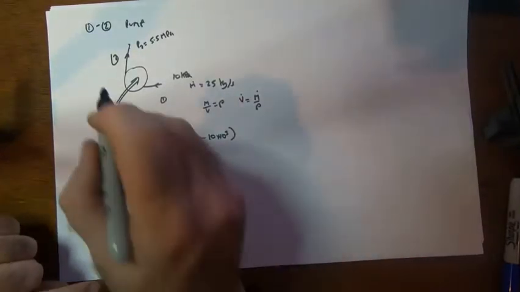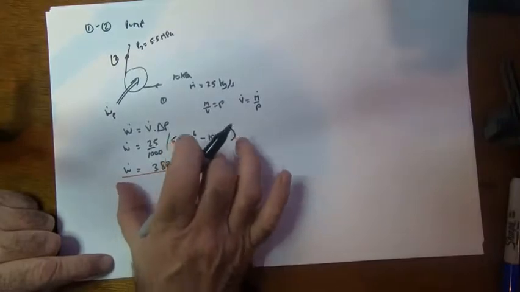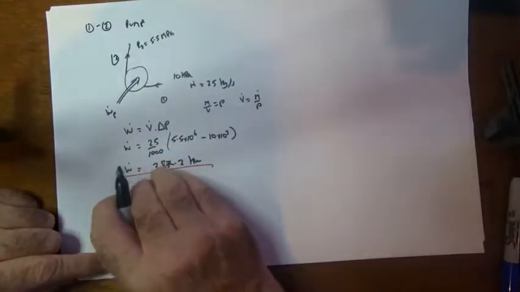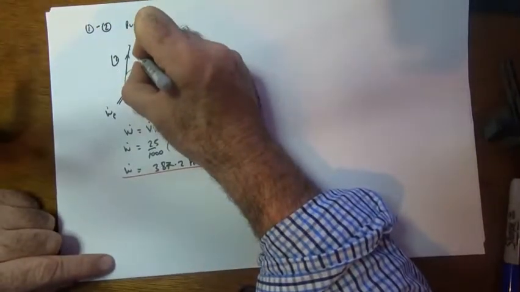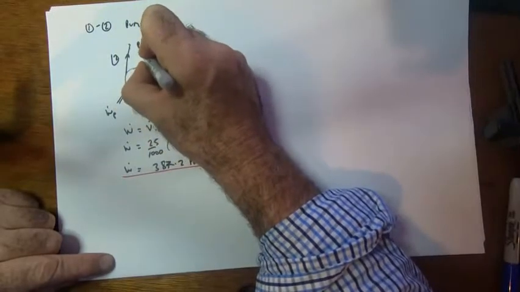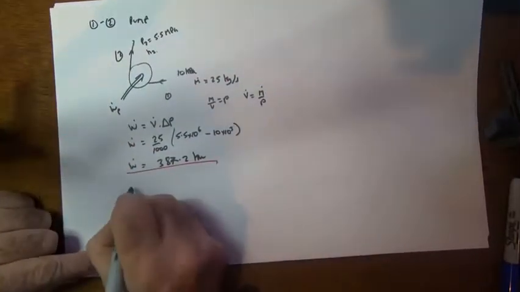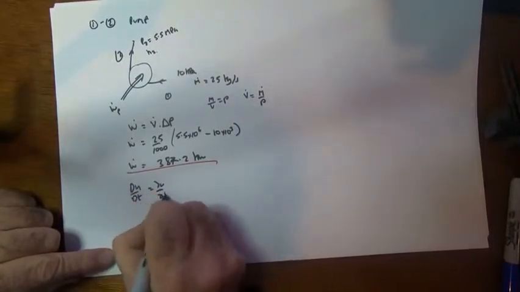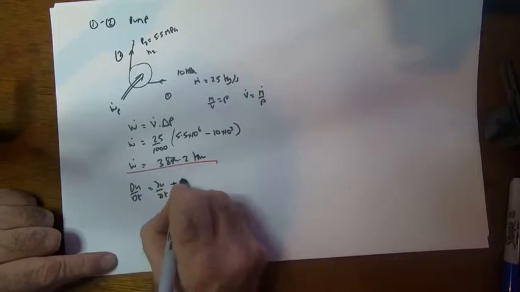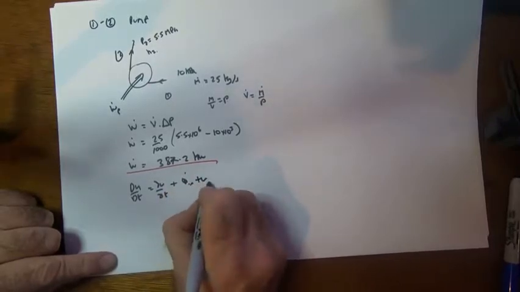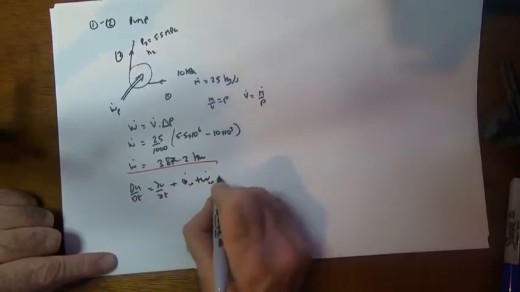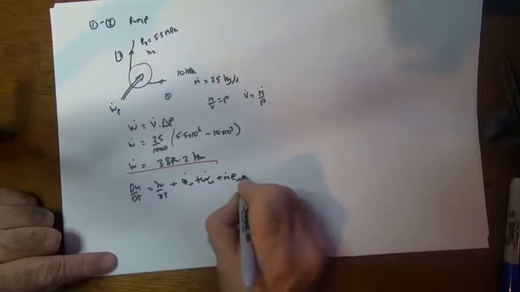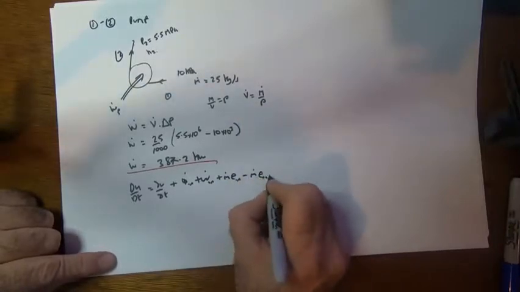If I do the energy accounting equation, which is kind of redundant now because I've got the work, the reason I'm going to do it is because I really want to find the conditions at 2, the enthalpy at 2. I need 2 properties to go into the combustor. So if we do the energy accounting, plus the work in, plus the m dot energy in, minus the m dot energy out.